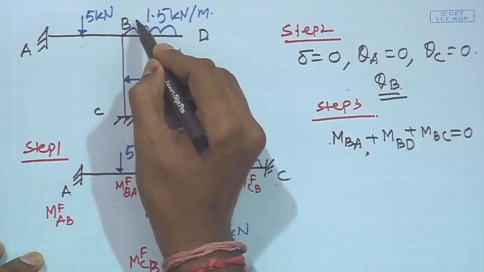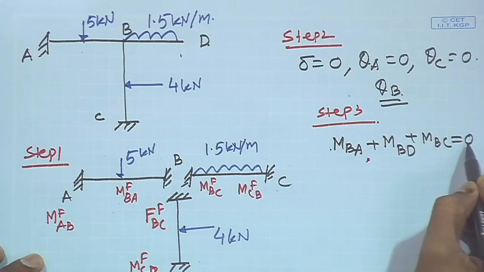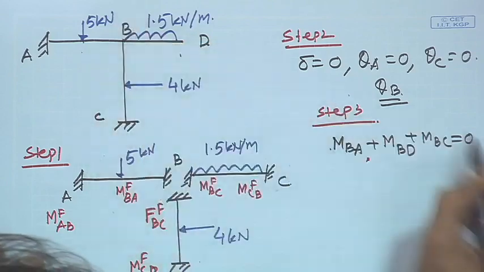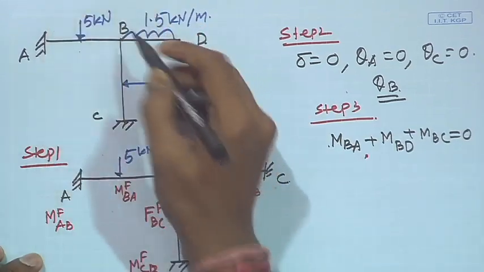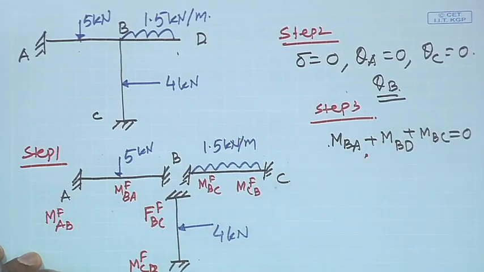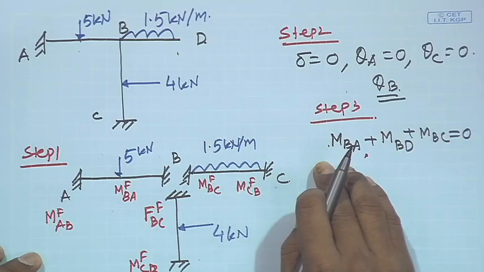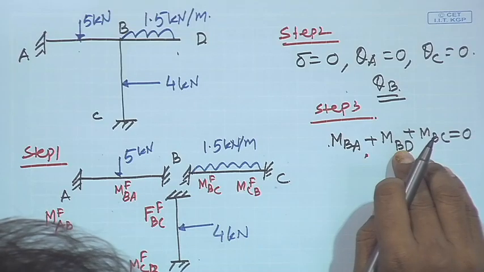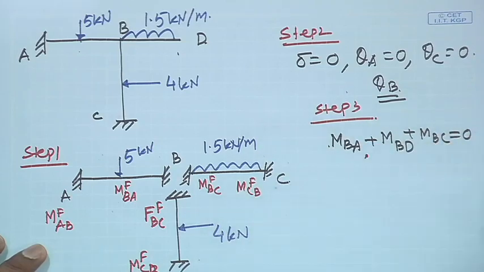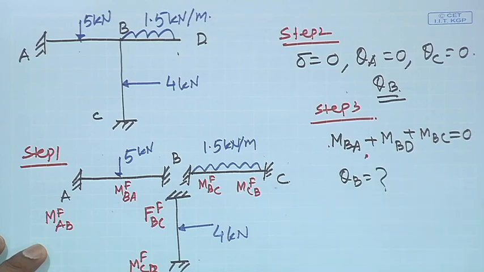Now, there is no external moment. Had there been an external moment at B, this would not have been 0, and you would need to write that value here. In this case, since there is no externally applied moment at B, the total internal moments should balance each other. We already know the expressions for MBA, MBD and MBC. Substitute them, get an equation and compute theta B.